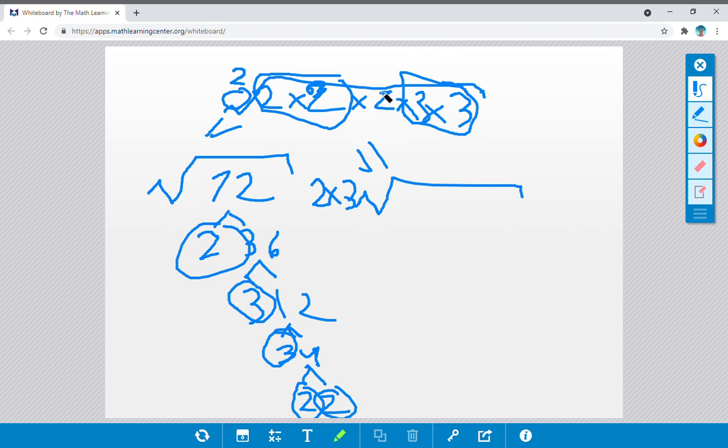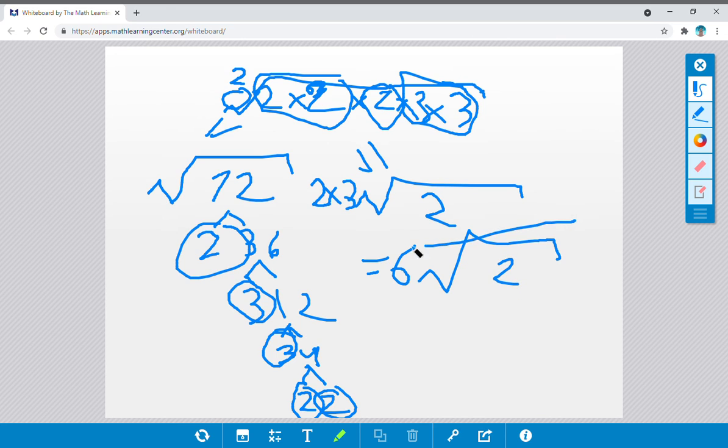And the single 2 here, which is missing, will come right in the square root. And that is basically 2 times 3, 6, and this is root 2. So that is basically the simplified form of the square root.